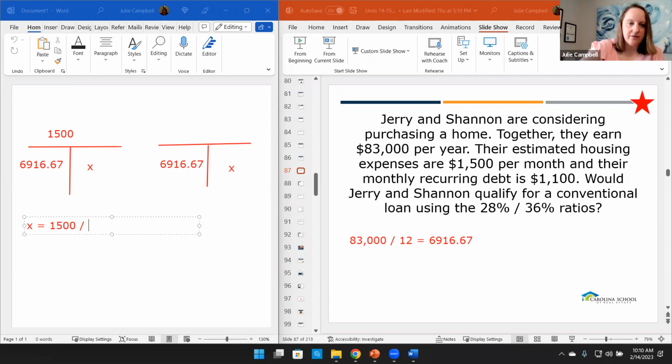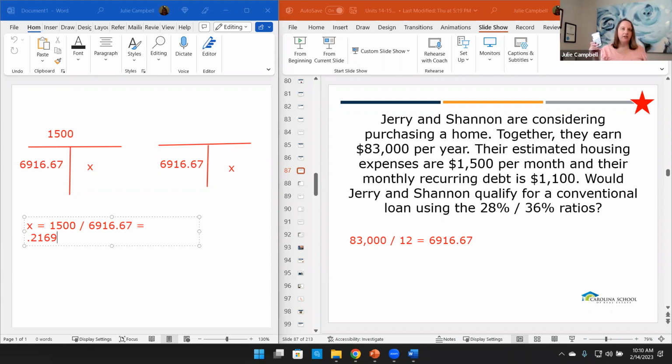So we take 1,500 and divide it by 6,916.67. That gives us on our calculator about 0.2169, rounded out.